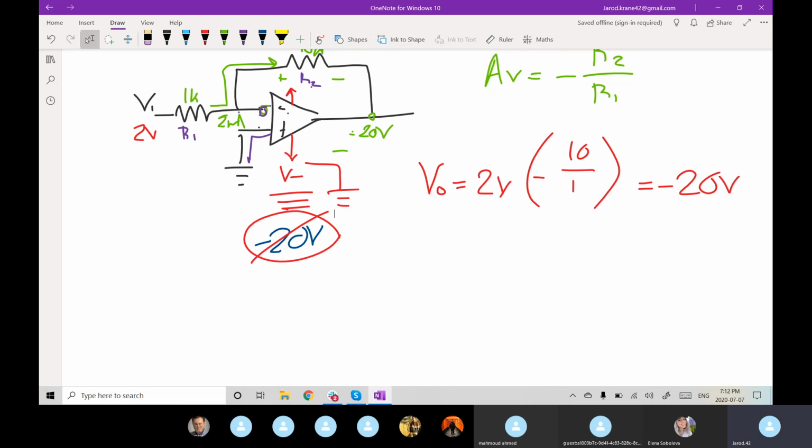Start calling on people. Maybe you can add another op-amp somewhere. Potentially. That would complicate more than what we need to.